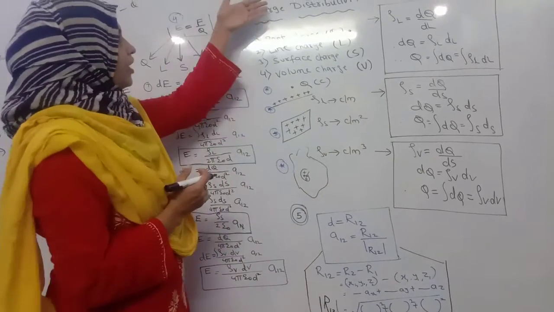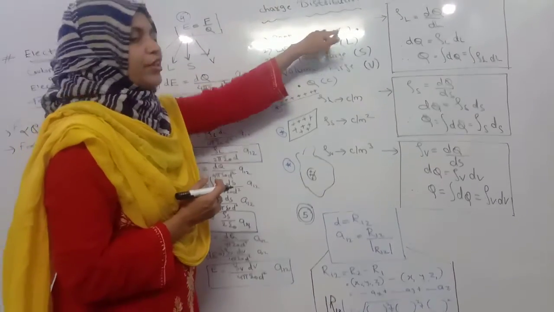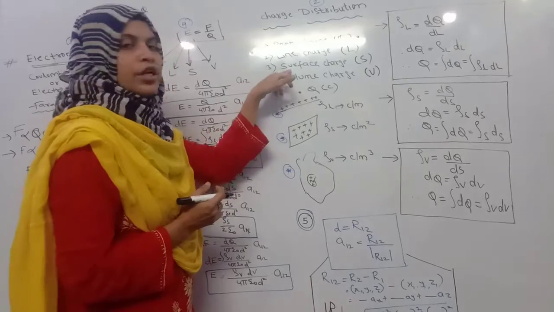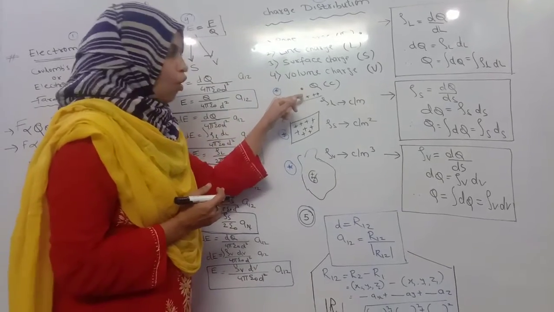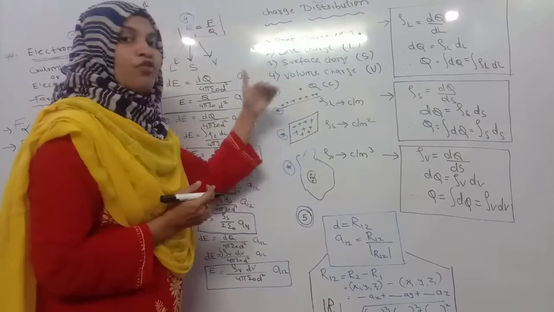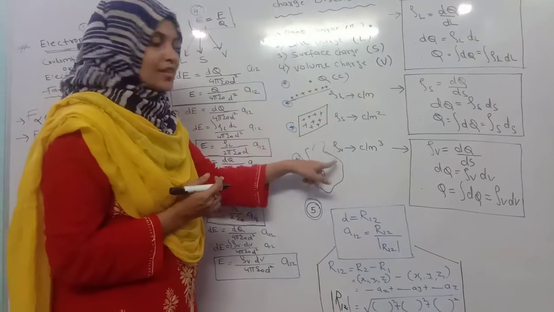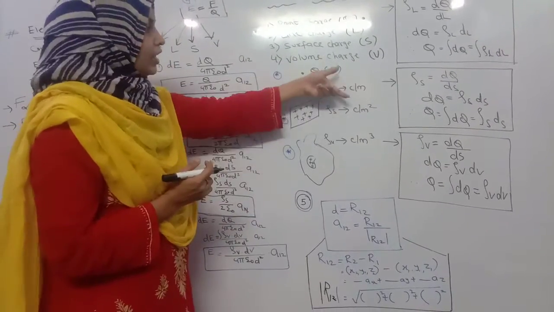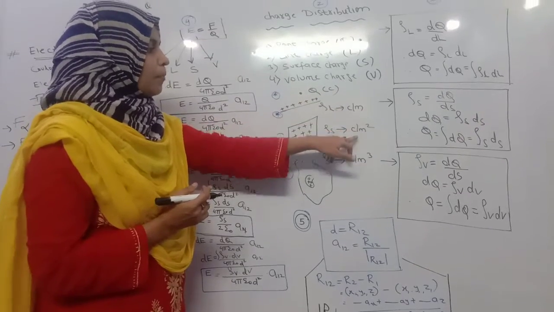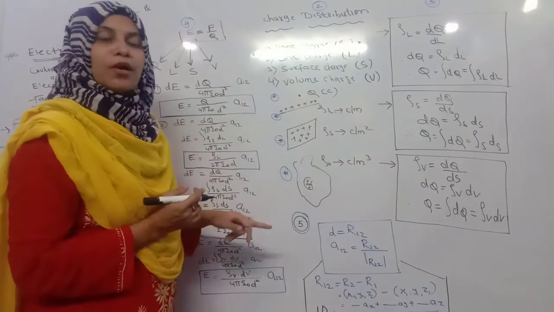So in this way my charge will be distributed in the point form, in the line form, in the surface form and in the volume, and similarly the way of calculation will be Q, rho L, rho S, and rho V. And the units will be coulombs, coulombs per meter, coulombs per meter square, and coulombs per meter cube.